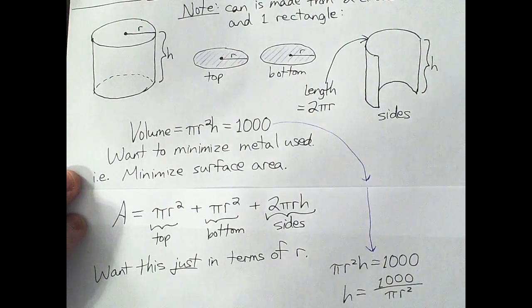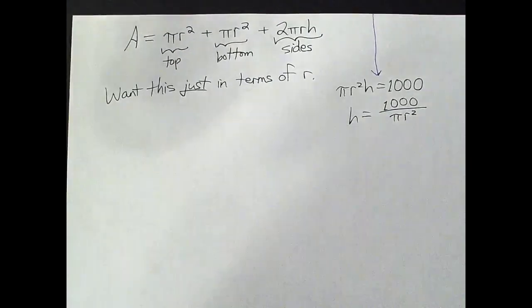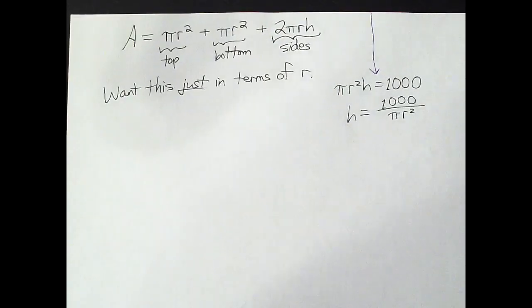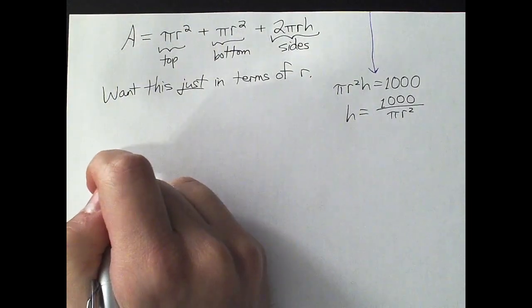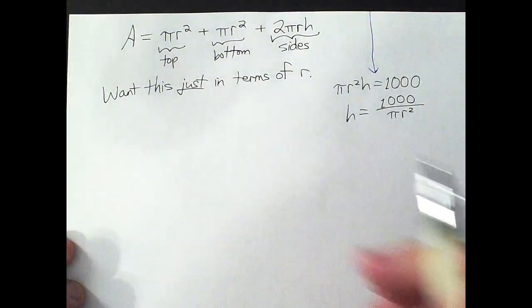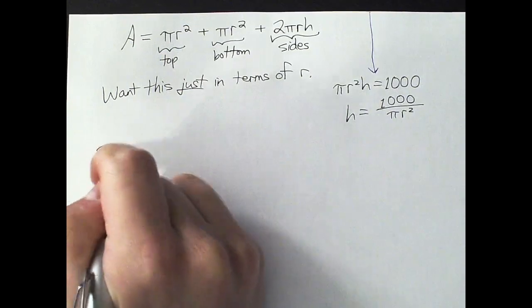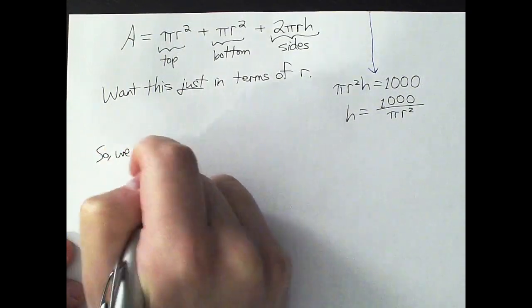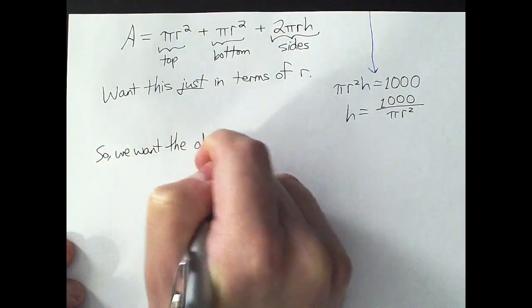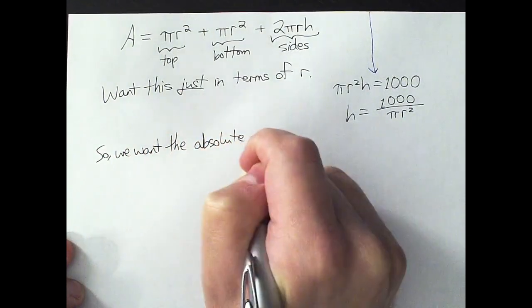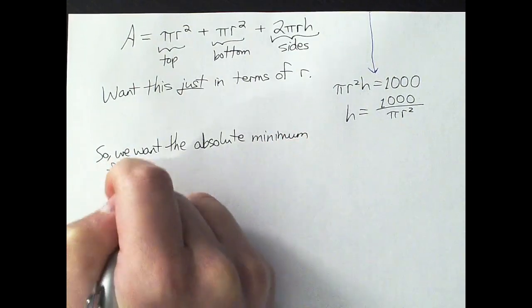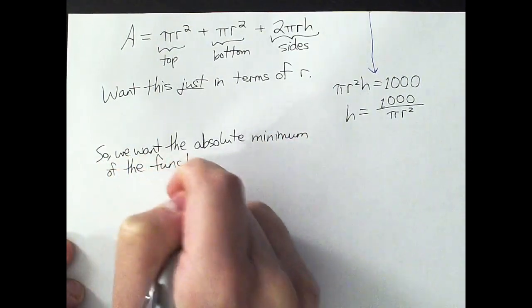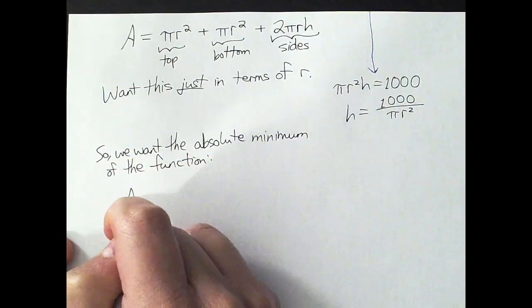So we just got h in terms of r, and now we can put that into the area function. Let's write this function here. So we want the absolute minimum of the function, and the function is A. And I'm going to write it just as a function of r.